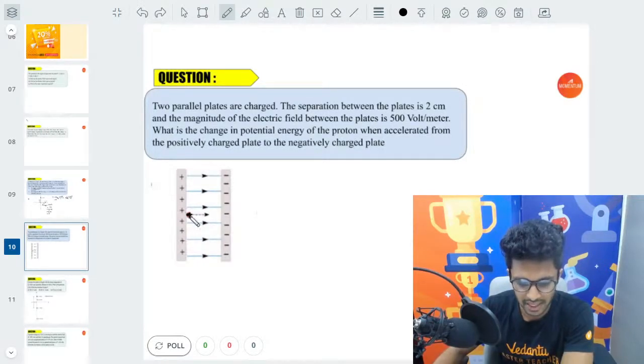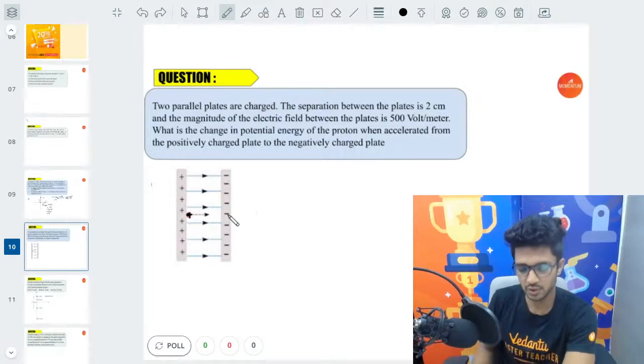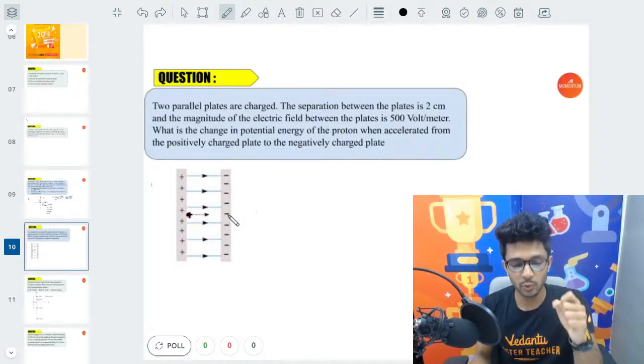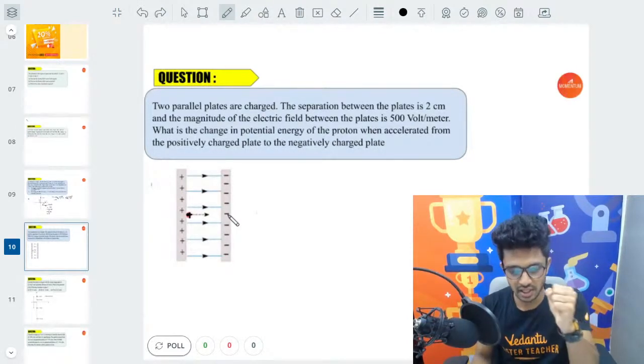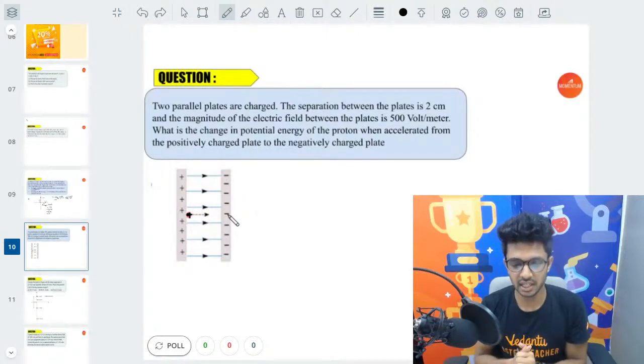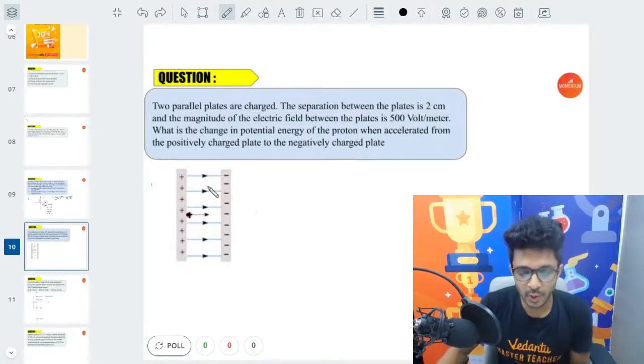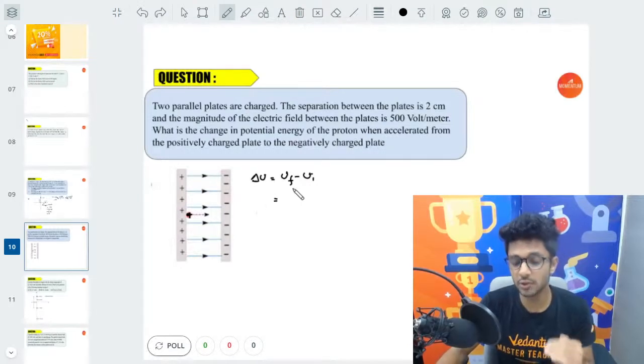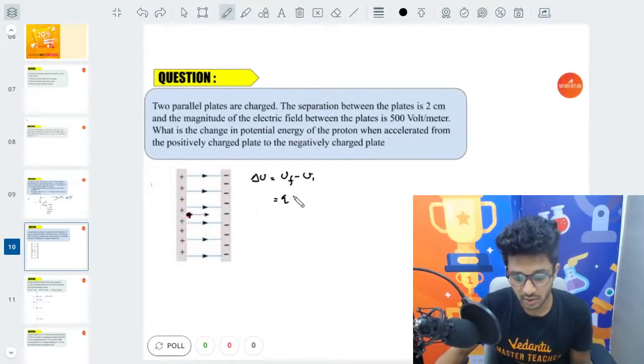Now, let's say that I'm keeping a positive charge here. This will be repelled and it will be moving towards the negative plate, which means that the positive charge is moving from a higher potential energy to a lower potential energy. So the question is, what is the change in potential energy? That's equal to final minus initial. What's the formula for potential energy? That's equal to charge into final potential minus the same charge into initial potential.